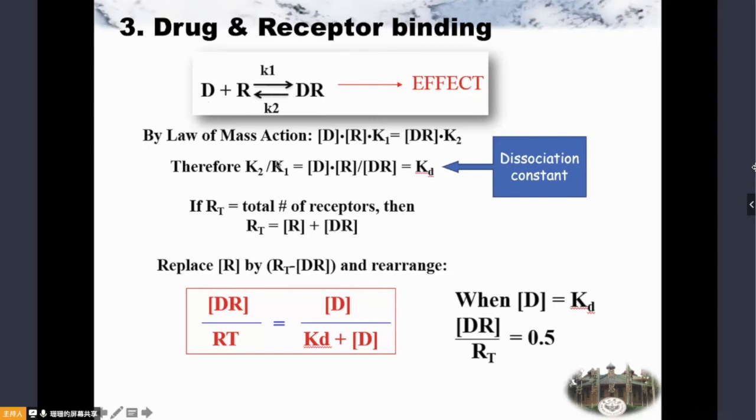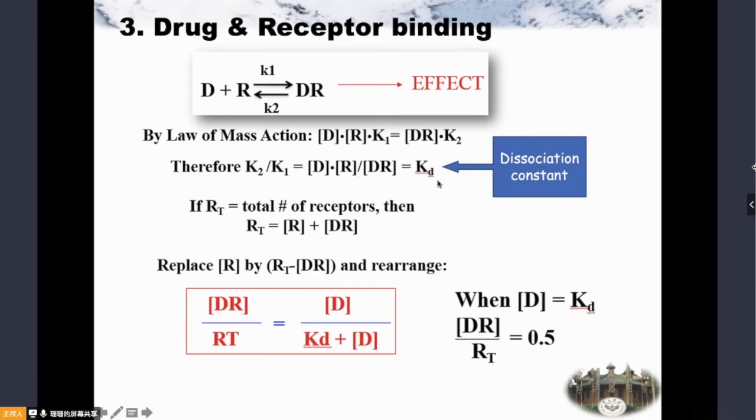So based on the law of mass action, we can have this equation. The dissociation rate, K2, divided by K1, the association rate. This is a constant. The ratio of K2 and K1 is a constant.